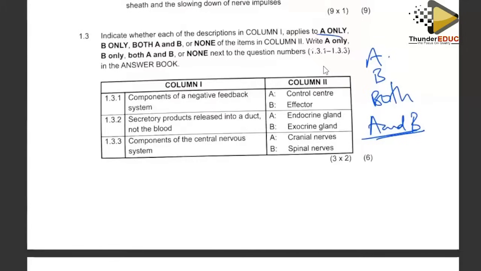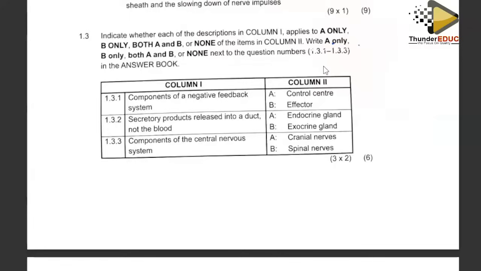The instruction says A only, B only, both A and B, or none. Why do you have to give something different? They even gave you an example that says write A only. So please follow the instruction in this section, otherwise you might lose marks for no reason.